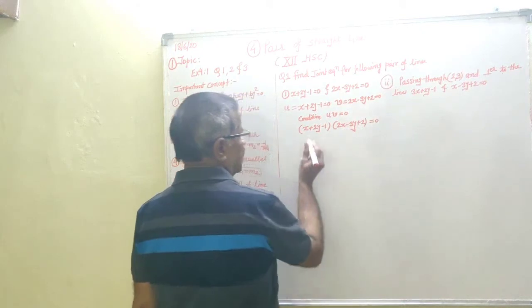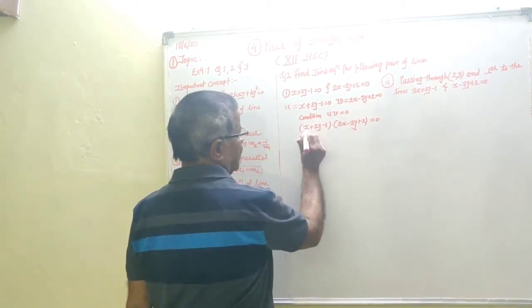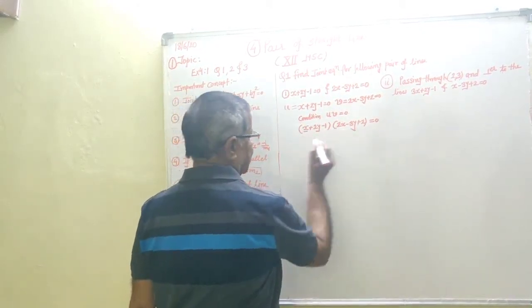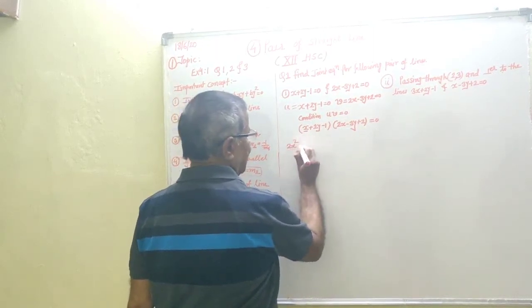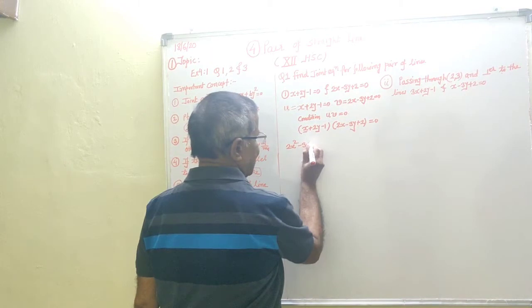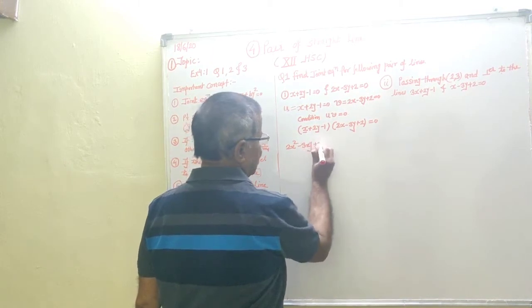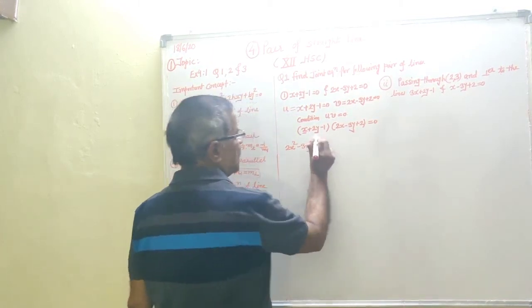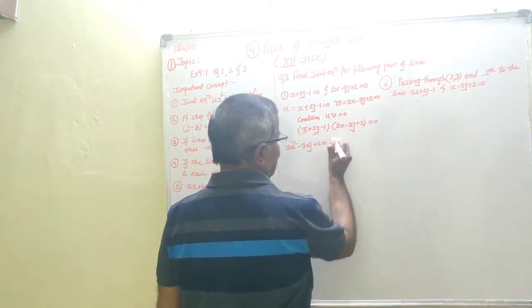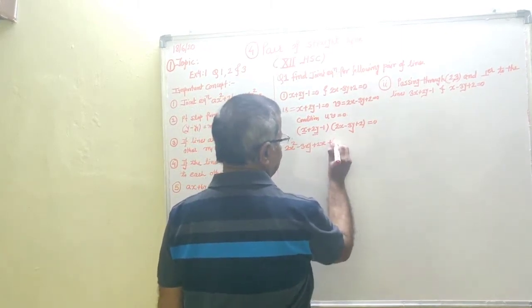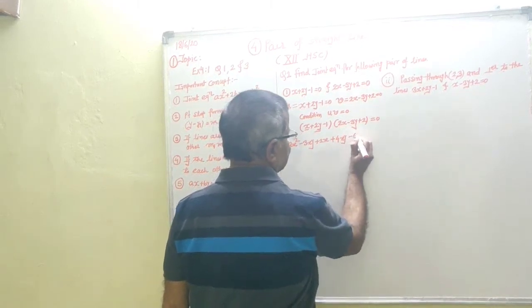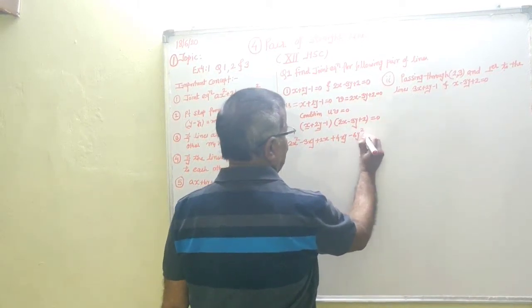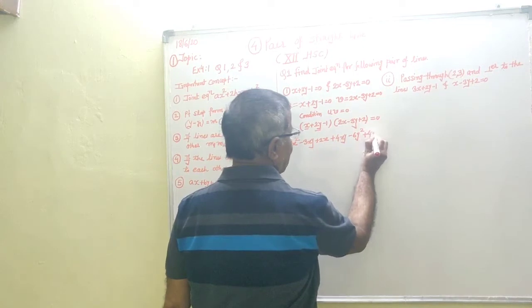I am writing. Now I will start multiplying the first term with this bracket. So what will come here? 2x square minus 3xy plus 2x. Now I will multiply with 2y: 4xy will come here, minus 6y square plus 4y.